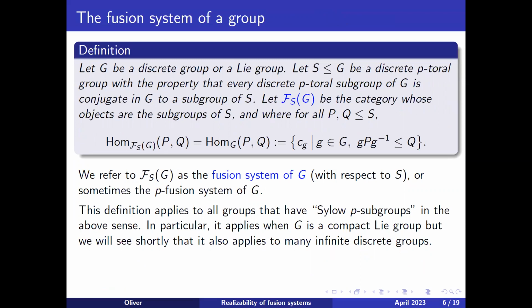Now, the fusion system of a group. I wrote this abstractly because for now, I'm especially talking about the fusion system of a compact Lie group, and a finite group is a special case of that. But later on, I'll want to talk about fusion systems of certain discrete, infinite groups.